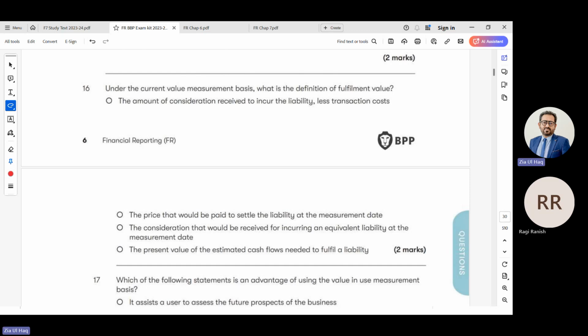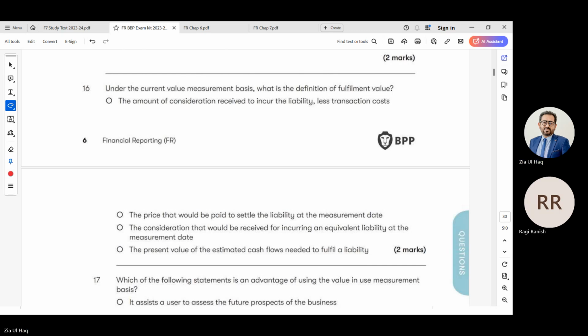The amount of consideration received to incur the liability less transaction cost, the price that would be paid to settle the liability at the measurement date, the consideration that would be received for incurring an equivalent liability at the measurement date, the present value of the estimated cash flows needed to fulfill the liability.